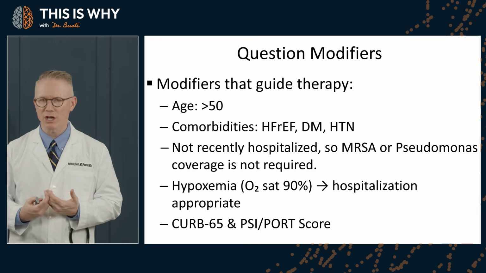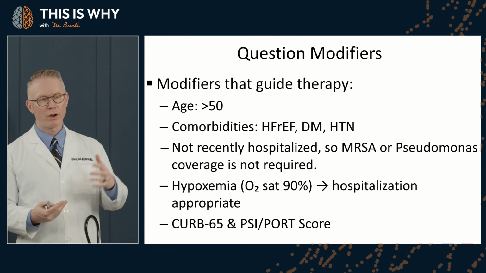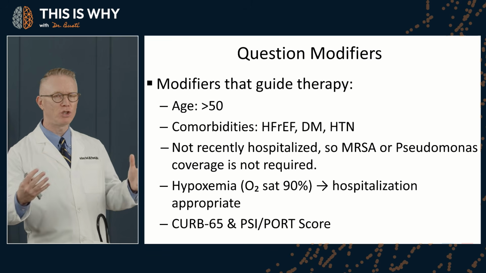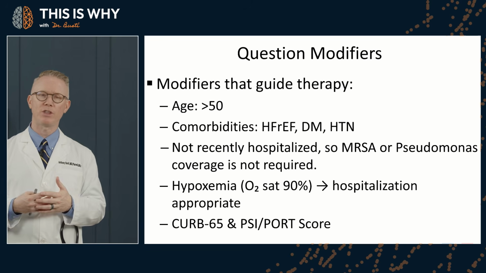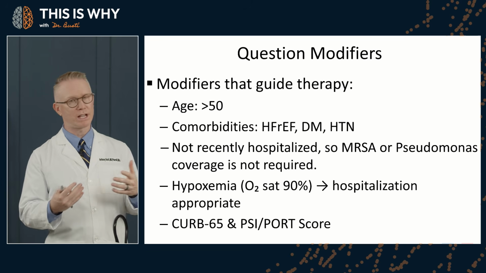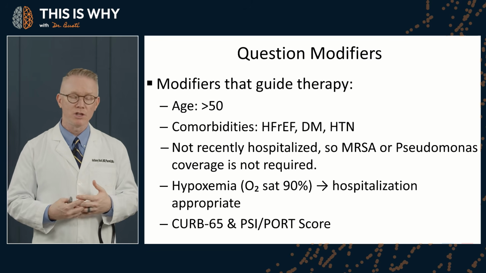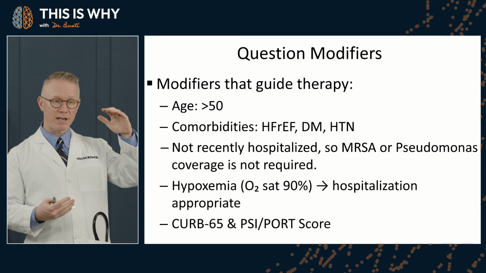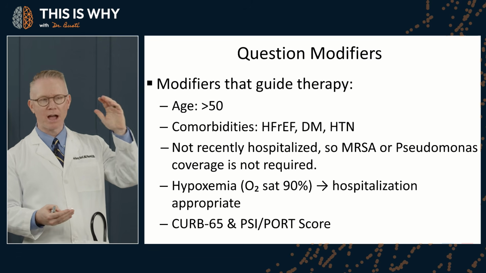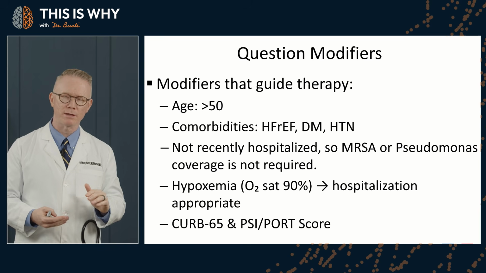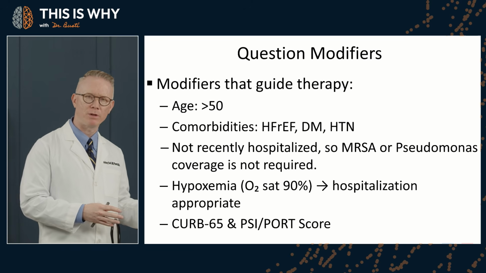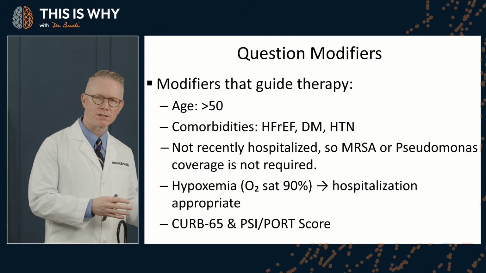Now, how did we determine that? Well, there are two tools that you should be familiar with and that are assumed in this question at some level, if you understand the basics of the disease. So we use risk stratification tools to place patients in a risk category. Are they high risk, moderate risk, or low risk? Because we want to send patients home and keep them out of the hospital if they're at low risk.